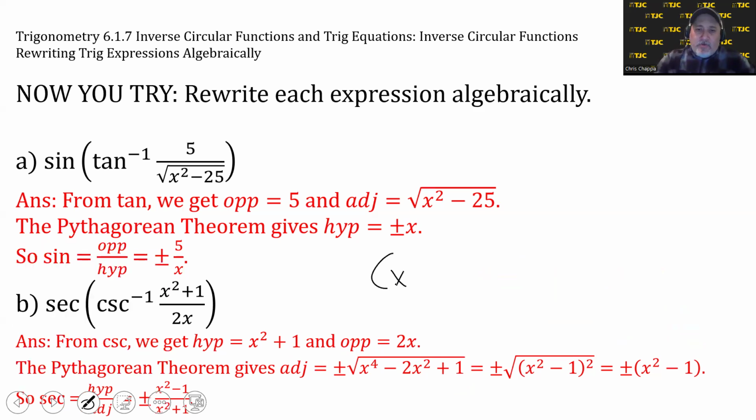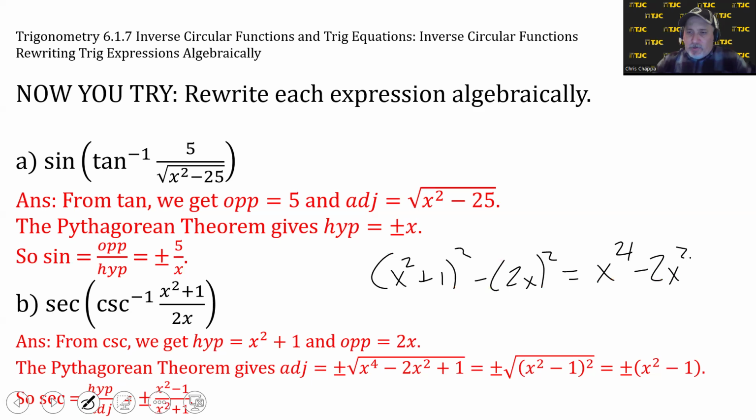When you square the x squared plus 1 squared and subtract 2x squared, which is basically in solving the Pythagorean theorem, you get x to the fourth minus 2x squared plus 1. But in the process of doing this, when you FOILed out the x squared plus 1 squared, you got x to the fourth plus 2x squared plus 1.